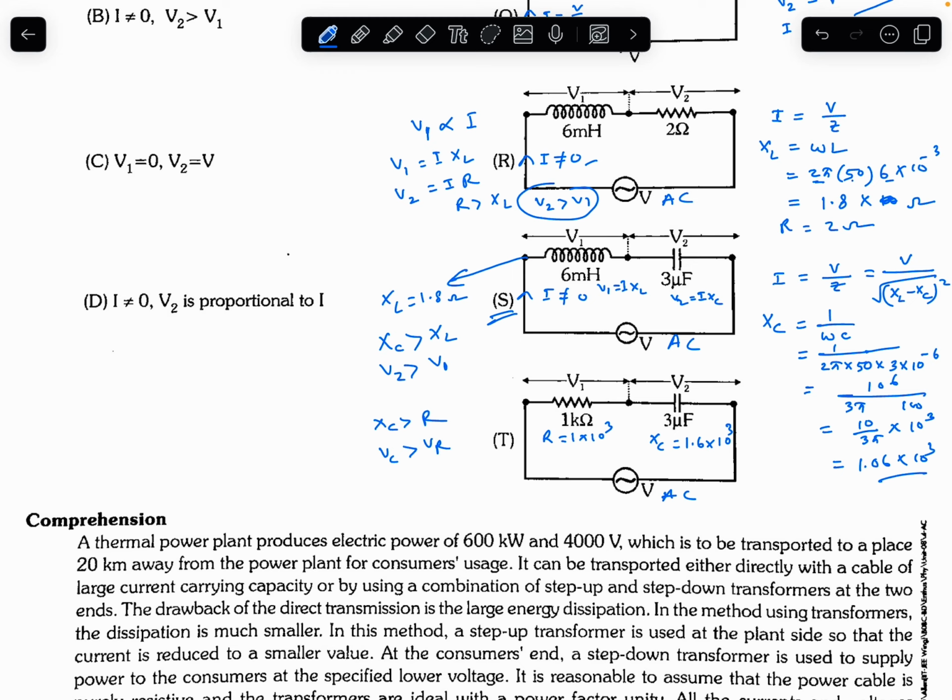So basically V2 greater than V1, because VC will be I into XC and VR will be I into R. So XC is greater than R, so V2 is greater. Current in this circuit, again, is not equal to 0.